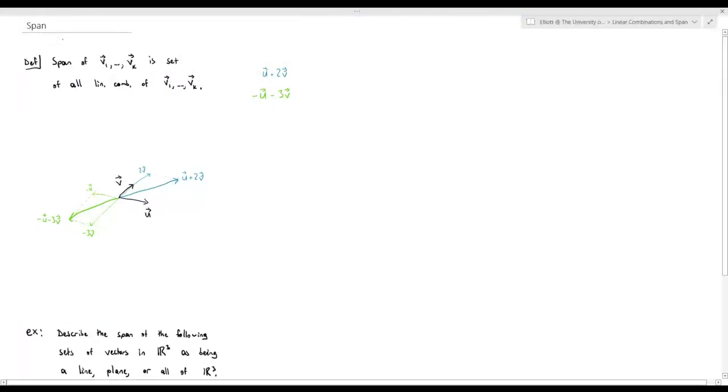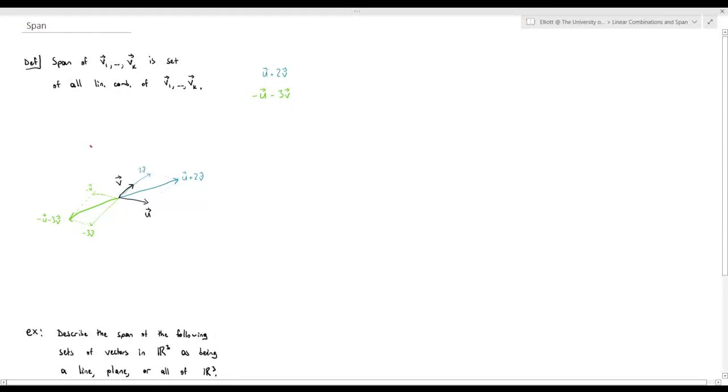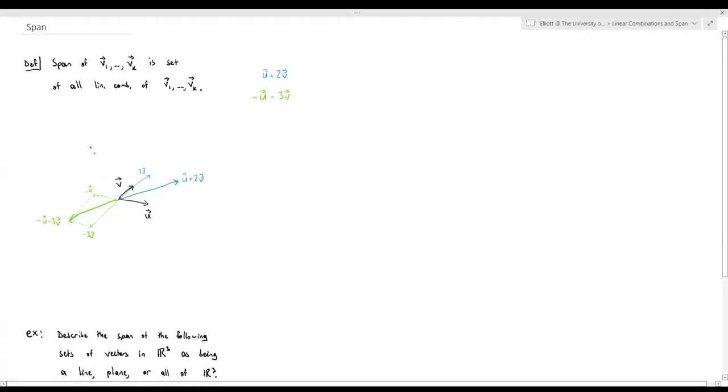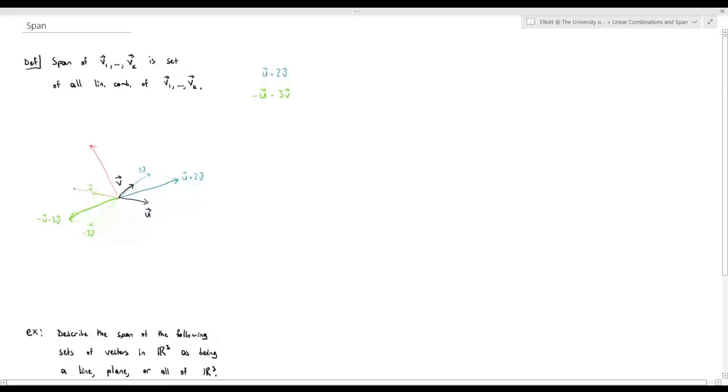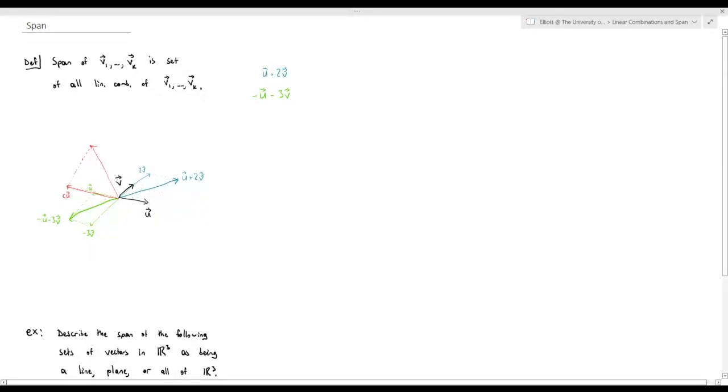And then vice versa, if you were to pick any point in the plane determined by u and v, so let's say I pick a point right out here, this vector could be expressed as some linear combination of u and v. So say if I were to multiply u by a scalar c, that brings me out to here.